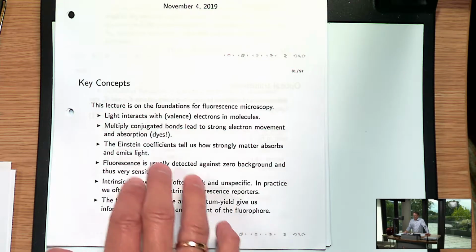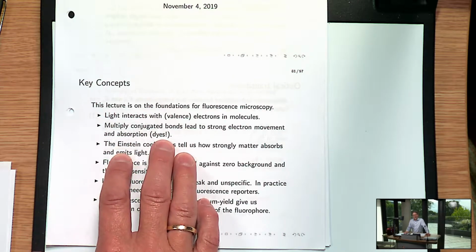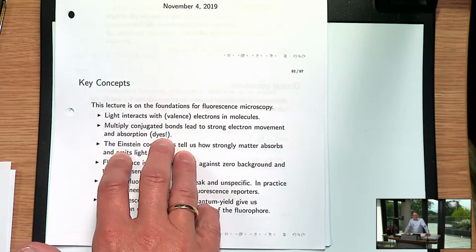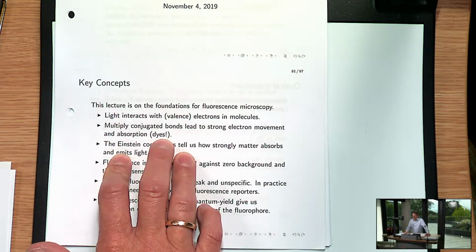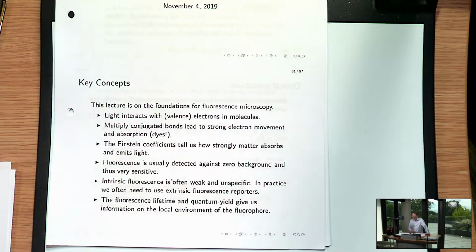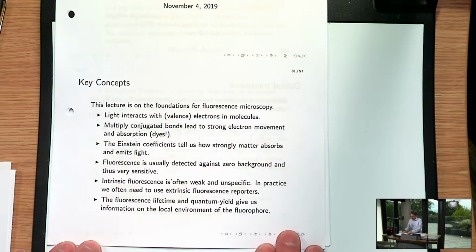We will see that dyes have strong absorption and emission properties because they have what are called multiply conjugated bonds, and so that makes it easy for photons to be absorbed and for photons to be emitted.